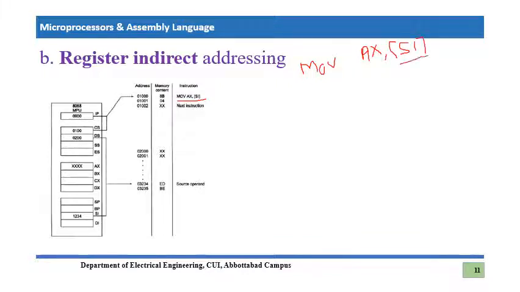So this is going to be our memory, right? And it is going to be the content of SI, which is basically 1234. AX is the accumulator, and it is going to be our destination, and its current data is unknown.